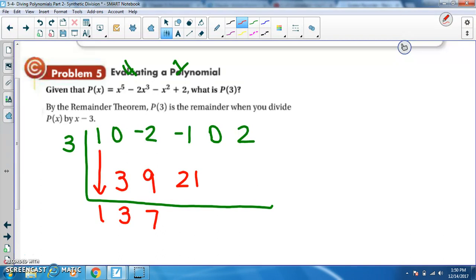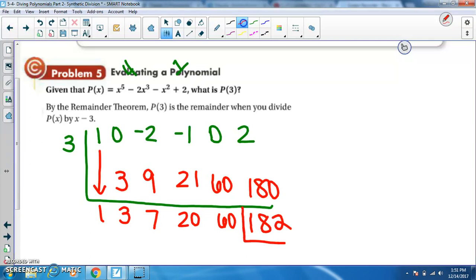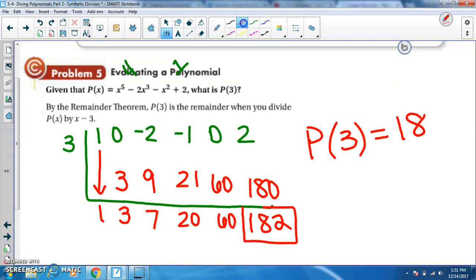Negative 1 plus 21 is 20. 20 times 3 is 60. 0 plus 60 is 60. 60 times 3 is 180. 2 plus 180 is 182. This last number is my remainder. Therefore, p of 3 is equal to 182.